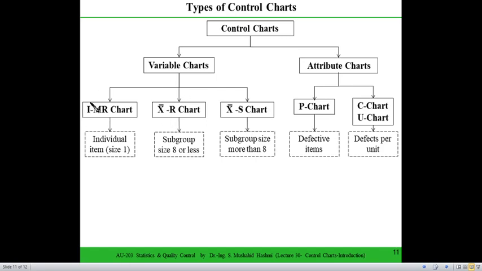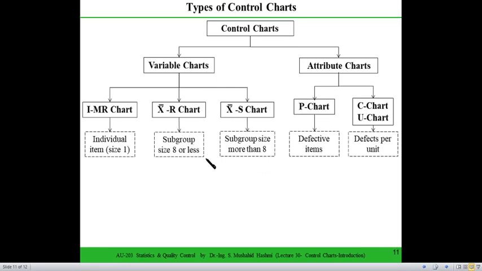Broadly, there is the individual moving range chart, which we will not address in this course, but we will address the x bar chart. X bar is the mean and R is the range. So the mean and range chart is to be studied, and the mean and standard deviation chart is to be studied.